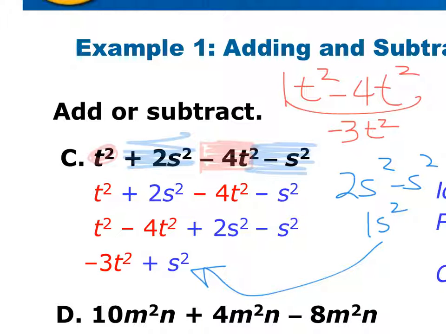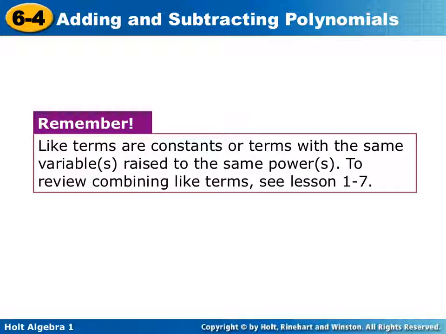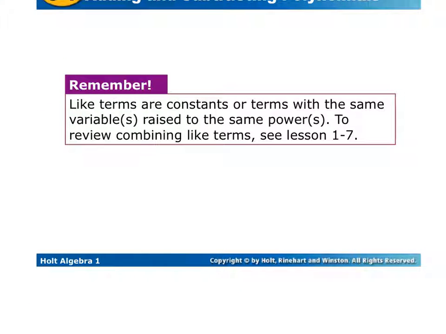Good so far? All right, next. Now, like terms could be constants or terms with the same variable raised to the same power. So, for example, if I wanted to have something like x squared plus 2x minus 4, there's nothing here that's like, so that would be my answer.